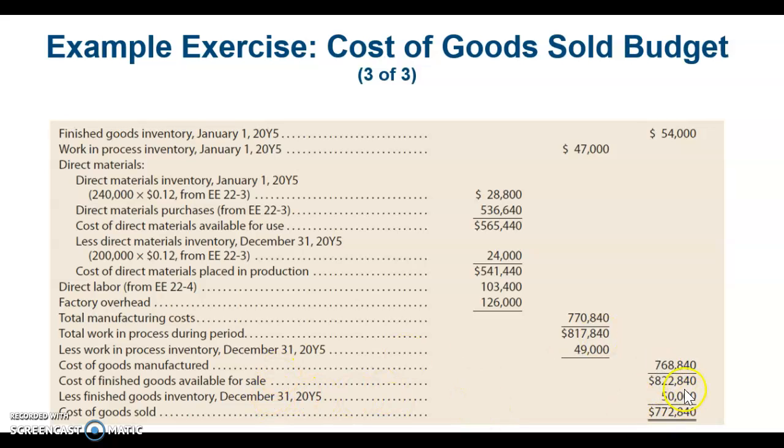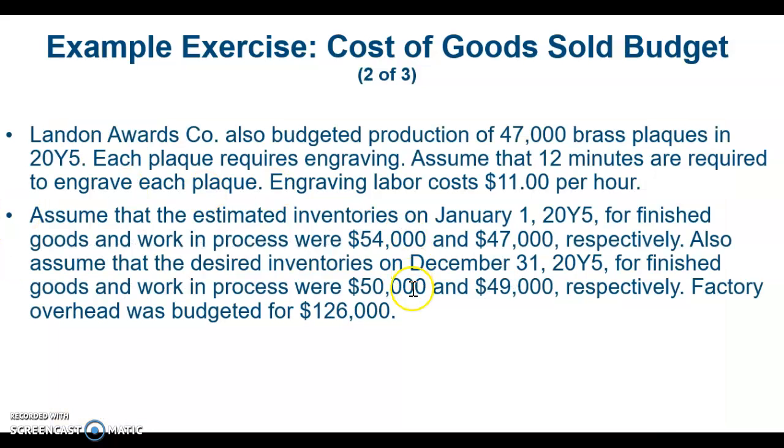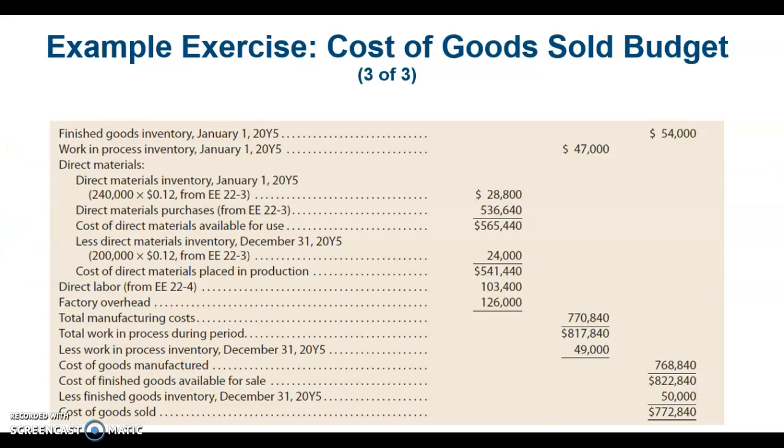And keep in mind that ending finished goods they just gave us. So here you can see that they give you the desired ending inventories and the beginning inventories for finished goods and work in process. So that information was given to us.